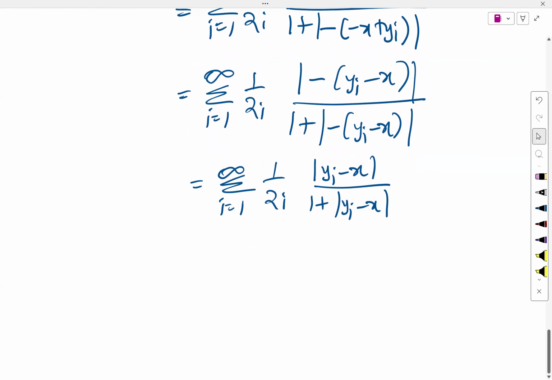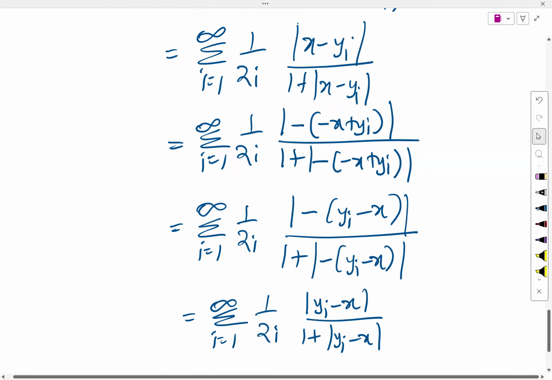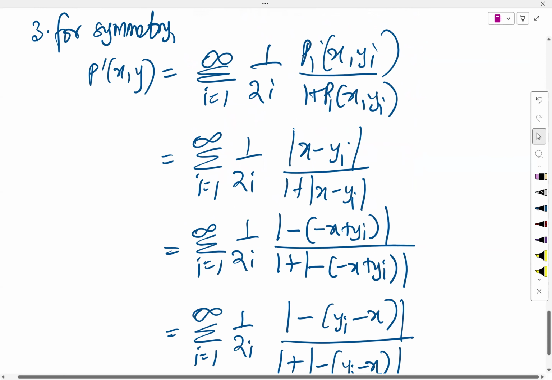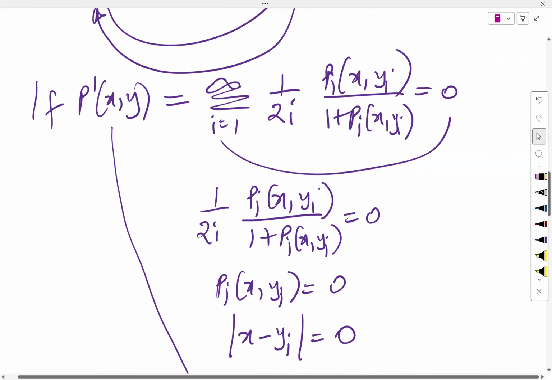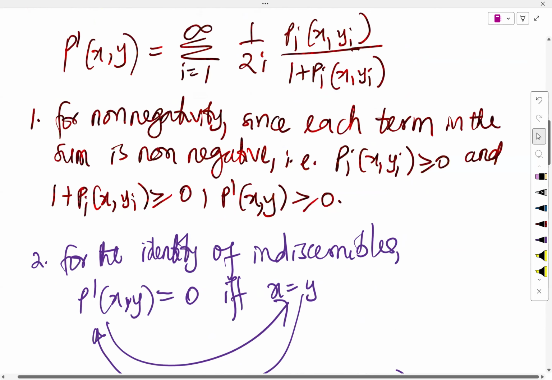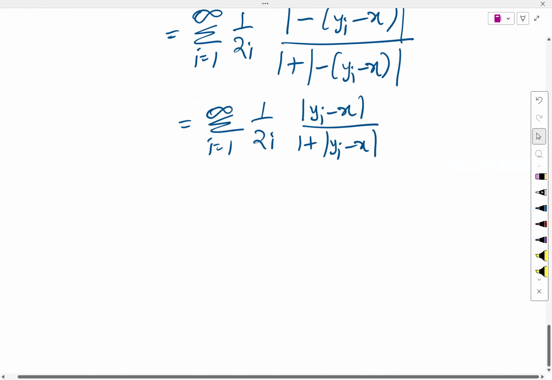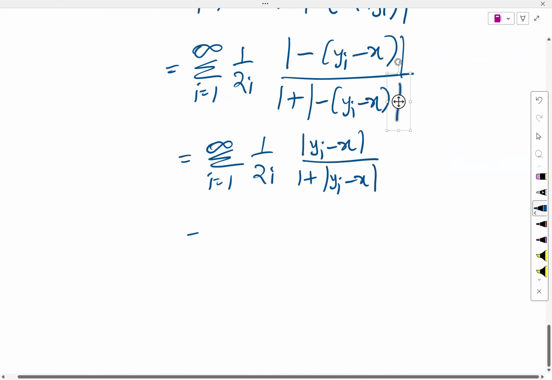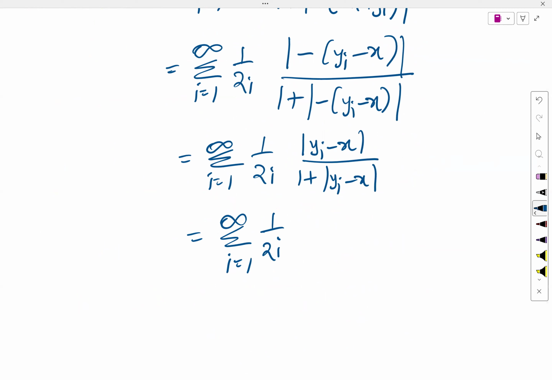So at the end of the day now, we can actually say, we started with p prime x y, right? That's the definition we had from the very beginning. So p prime x y. And here now we can actually say this is summation from i equals 1 to infinity of 1 over 2i into p of yi comma x over 1 plus p of yi comma x.